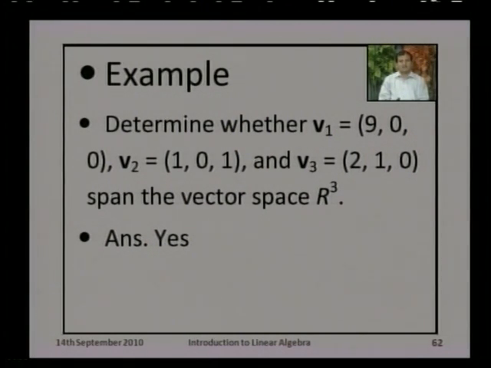Let us see another example. Determine whether the three vectors v1, v2 and v3 span the vector space R3. That means if we are given any vector (a, b, c) in R3, is it possible that a linear combination of v1, v2, v3 can give us (a, b, c)?